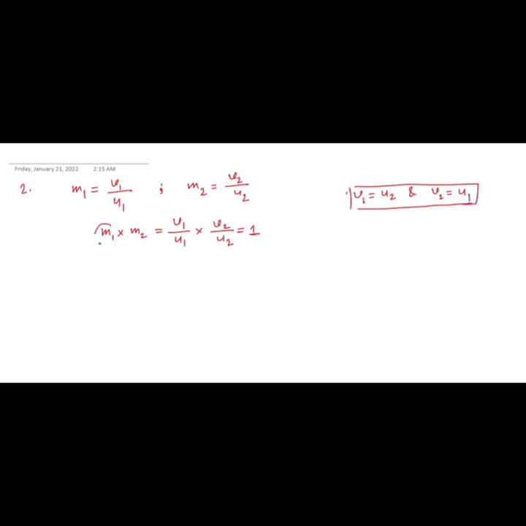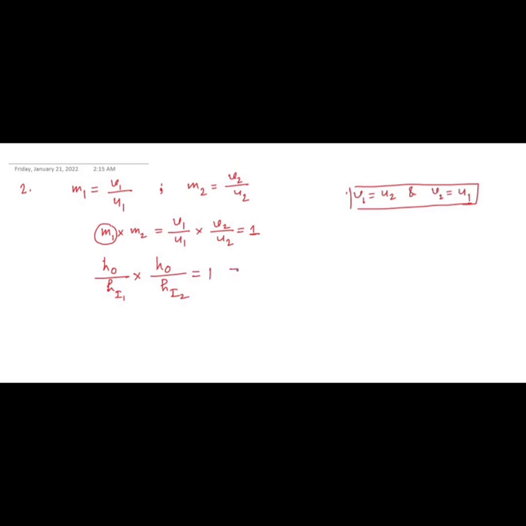So what is m1? m1 is the magnification, that is height of the object by height of the image 1, multiplied by height of the object upon height of the image 2. What is image 2? hi1 is the height of the image formed when the lens is in position 1, and hi2 is the height of the image when the lens is in position 2. So that is equal to 1.